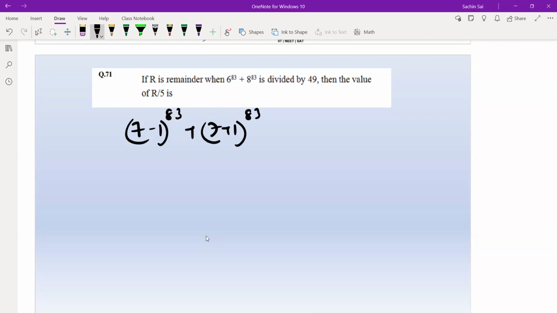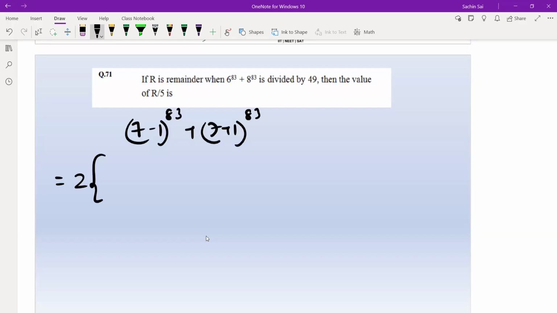So this is a binomial expansion of the form a plus b whole power n plus a minus b whole power n. This can be written as 2 times the sum of all the odd numbered terms.